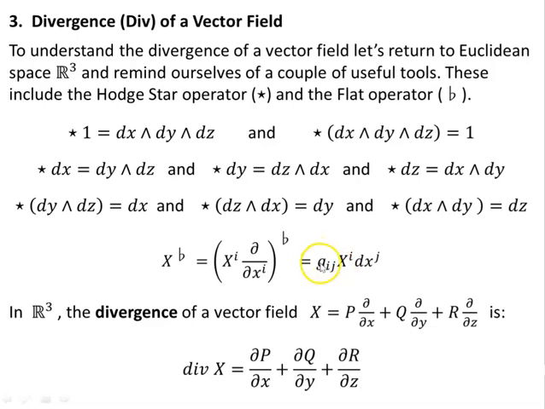When the metric tensor acts on X^i, it lowers the components, we get X_i, and then expand it in the basis 1-forms of the cotangent space. So in R3, the divergence of a vector field X is this object here.